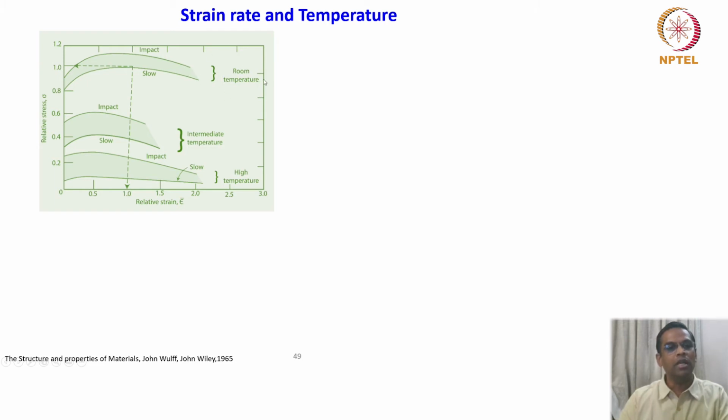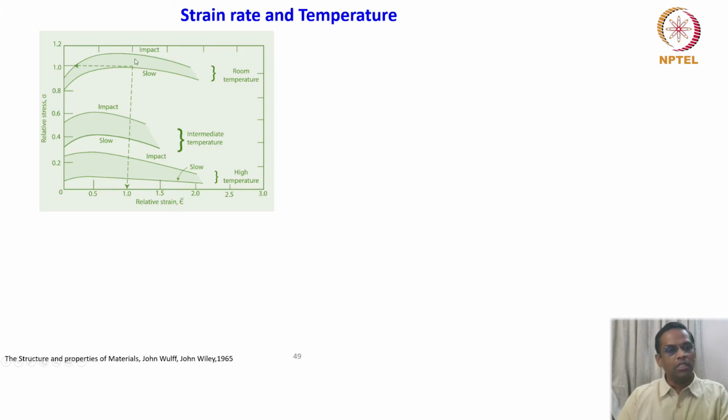This is room temperature data, this is intermediate temperature data, this is high temperature data. So what is it that we are seeing here? The mark here, the stress and strain at 1, demarcates the stress strain relation of the material at room temperature, the maximum stress at strain 1. Just keep this as a reference, and then we look at it.